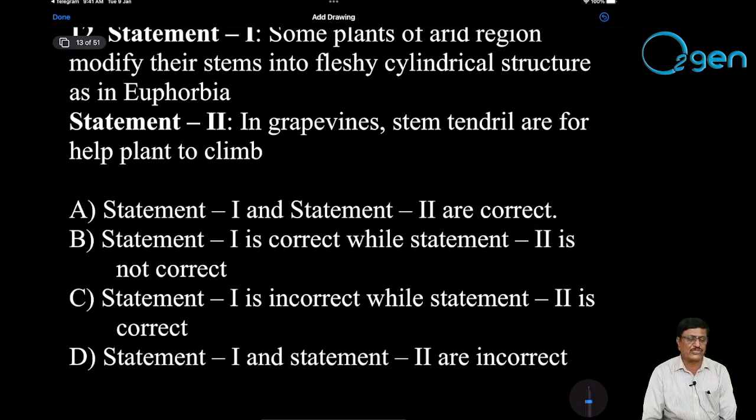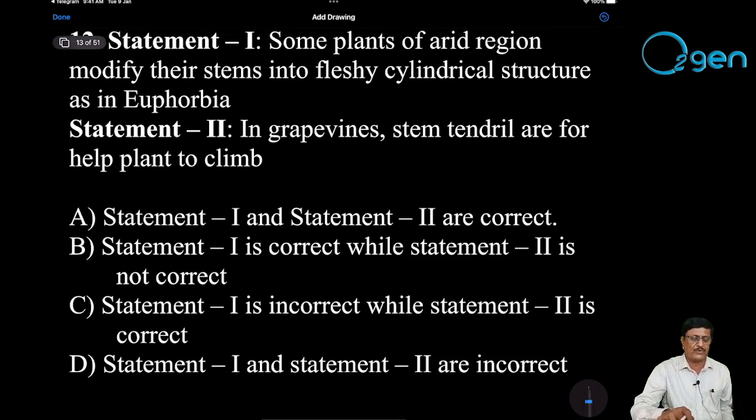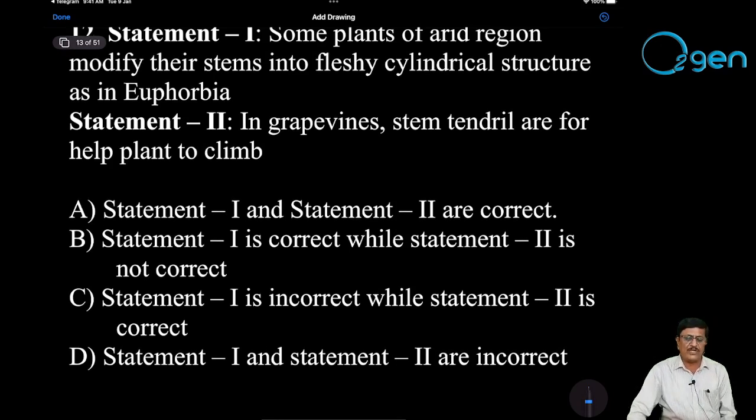Next question is question 12. Statement 1. Some plants of arid region modify their stem into fleshy cylindrical structure as in euphorbia. Yes, statement 1 is correct.